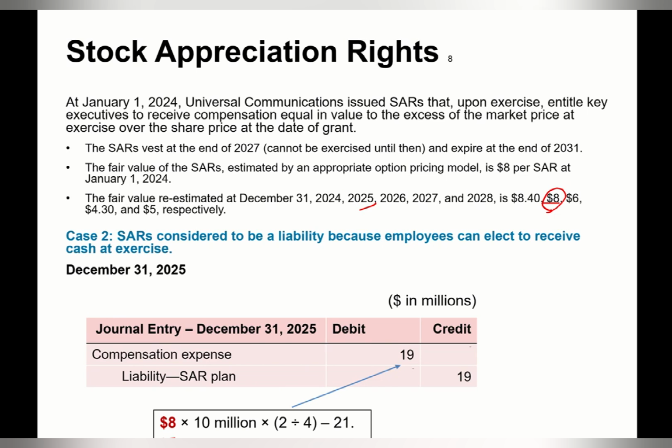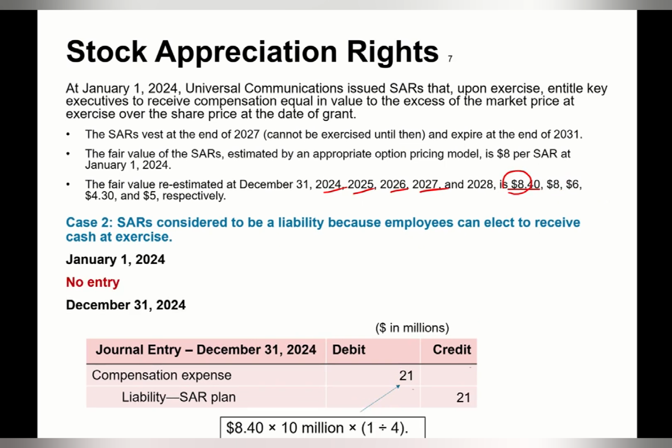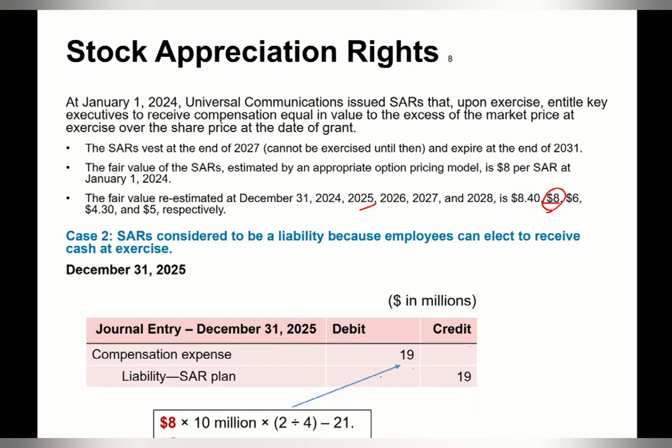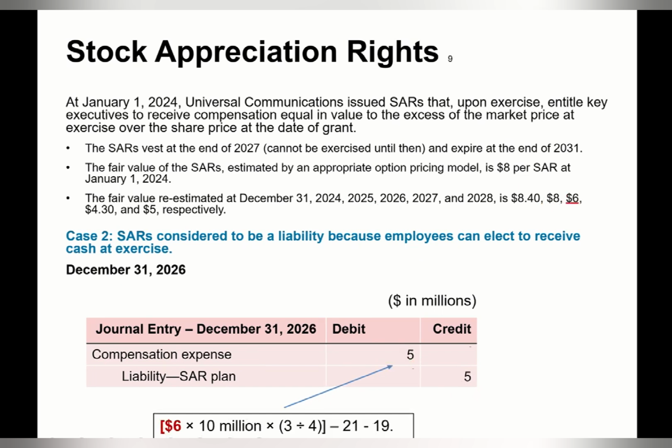All right, that year, 8 times 10 million SARs times, this is 2 years passed, now it's 2 over 4, and minus the 21 million recognized in 24, last year, recognized in the first year. So for the second year, compensation expense will be the difference, 19, liability credited by 19. So the year, December 31st, 26, now the fair value for December 31st, 26 is $6.